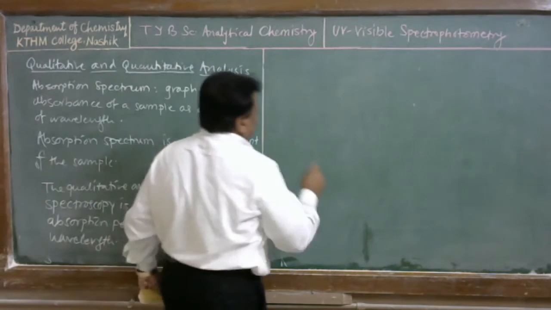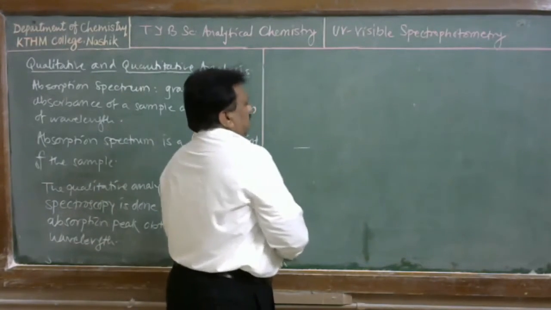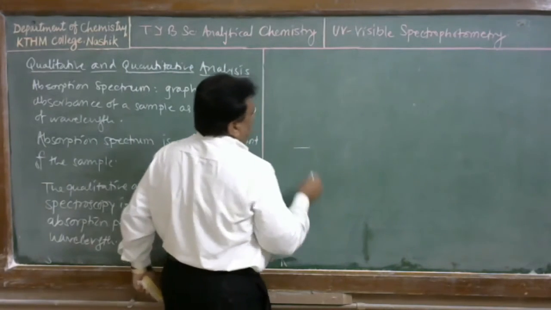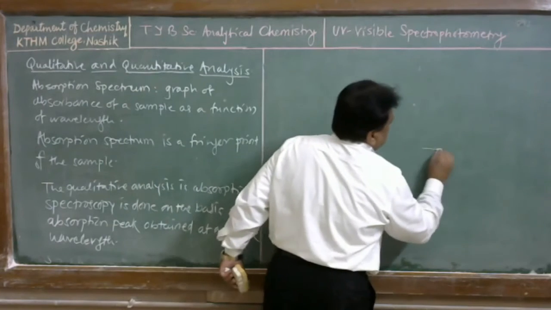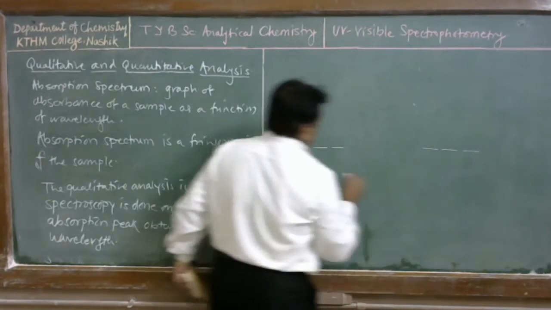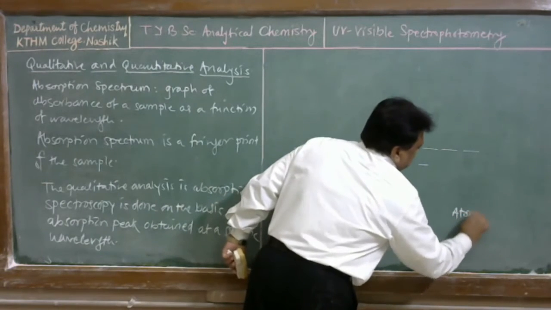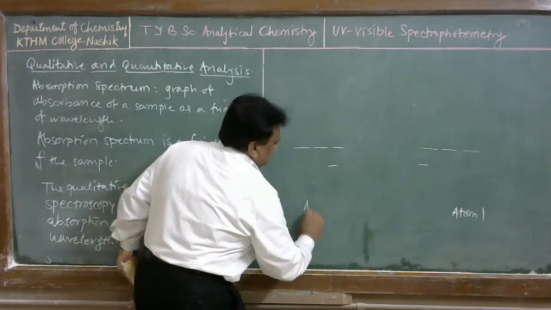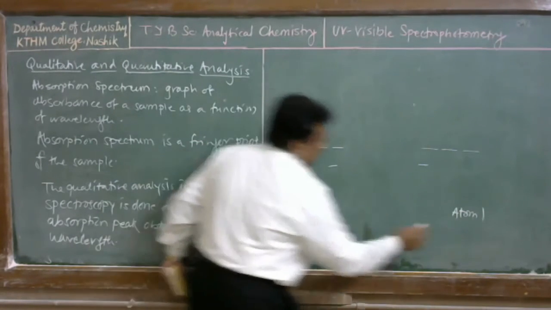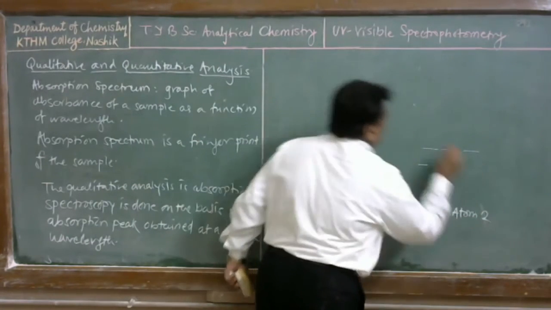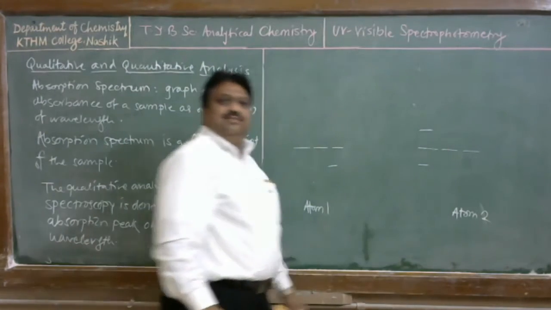Suppose, for example, we have the formation of a particular molecule using these atomic orbitals. This is atom 1 and this is atom 2. Here atom 2 has one extra orbital.